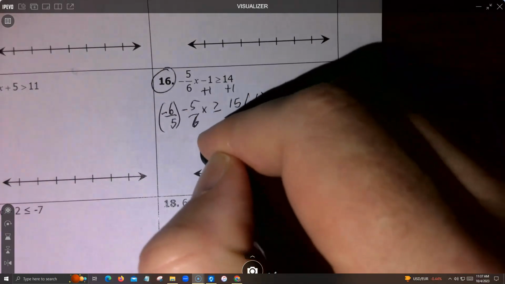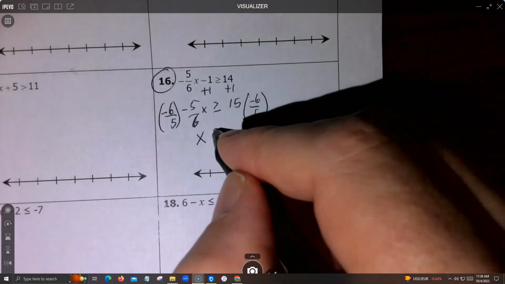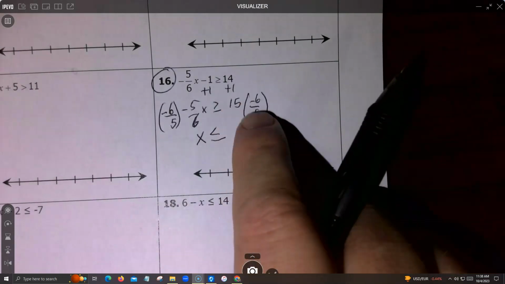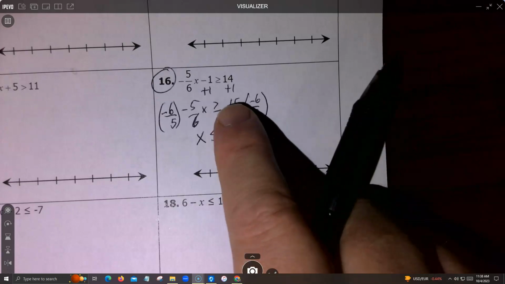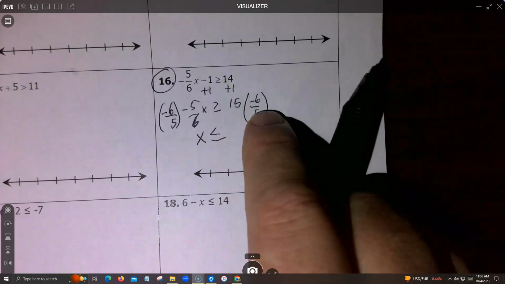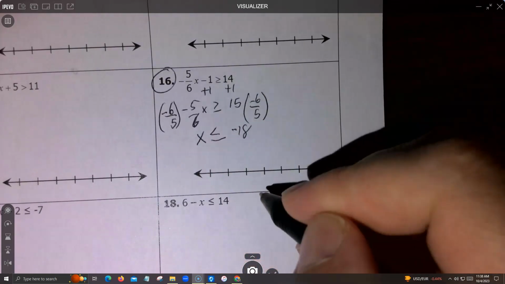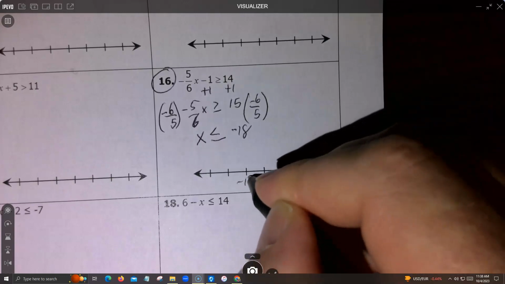Okay, so now I get x. Now remember, you multiplied by a negative, so this symbol has to change direction. And then when I do this math, I can put this in the calculator. This is going to give me, it looks like negative 18. Put a negative 18 down. This is a negative 17. This is a negative 19.